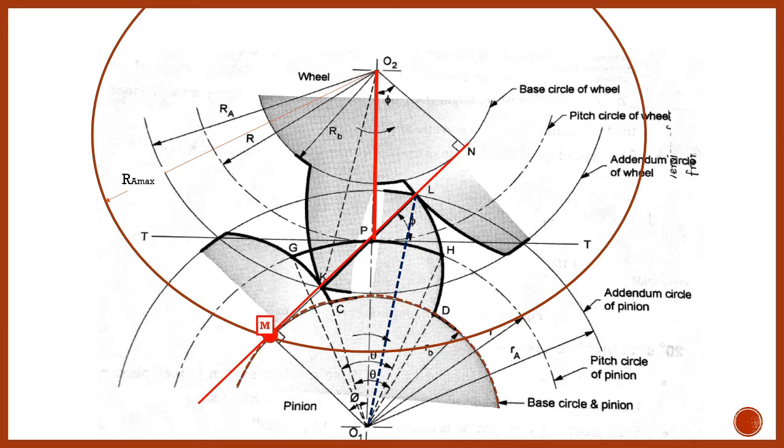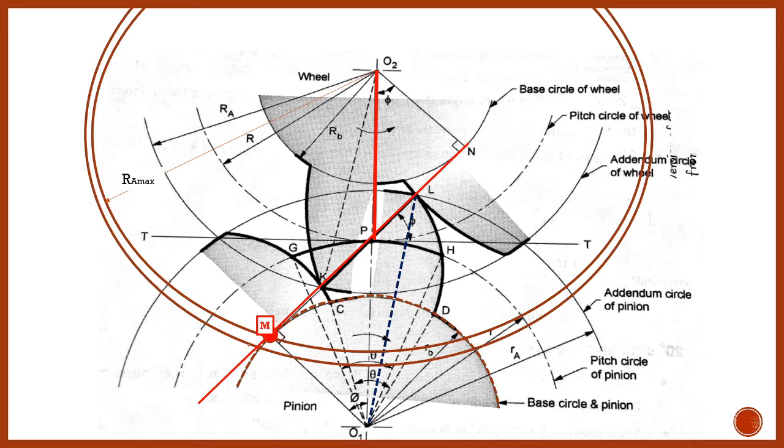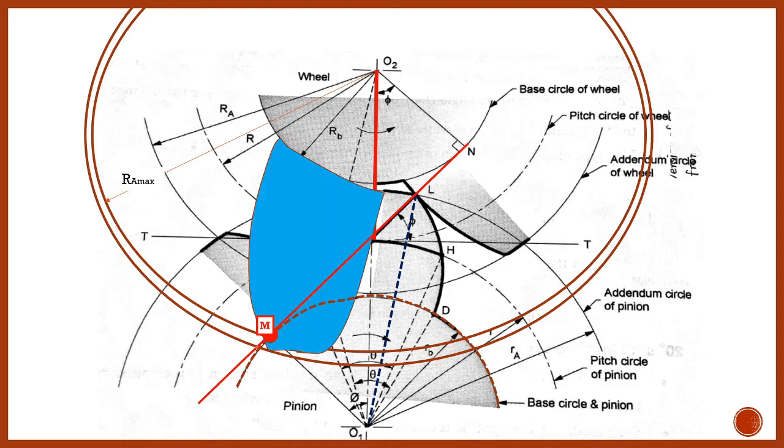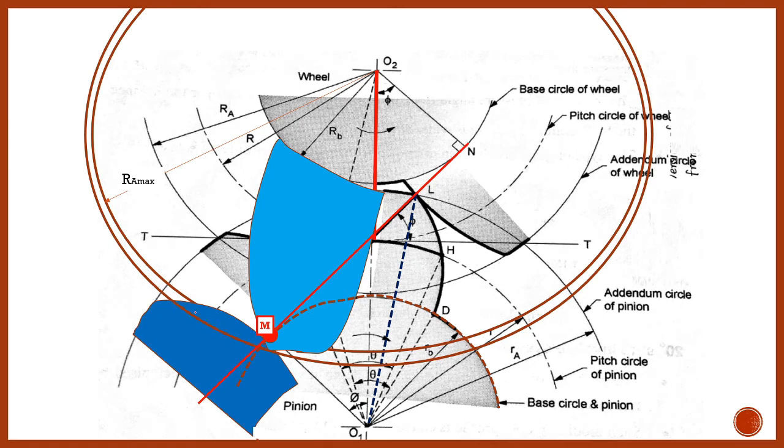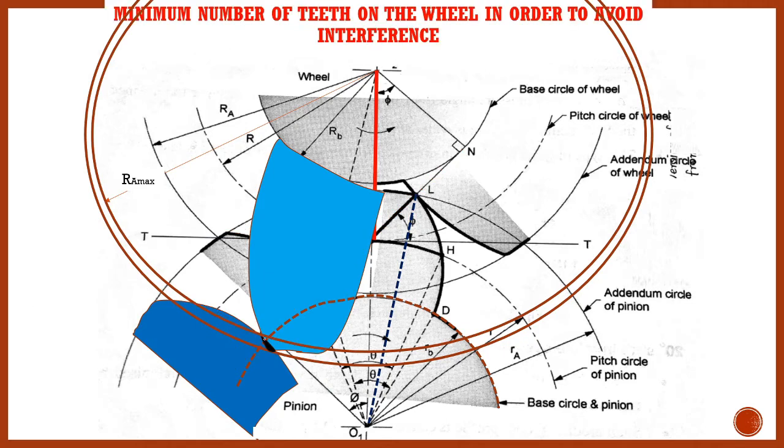But in this case I'll just extend this addendum circle just beyond this point M. That means this will be the addendum circle radius, and this addendum circle radius comes in contact with the non-involute profile. This is the involute and this will be the non-involute profile, and it tries to dig out some material from its base or the root, which causes the failure of the gear at this location.